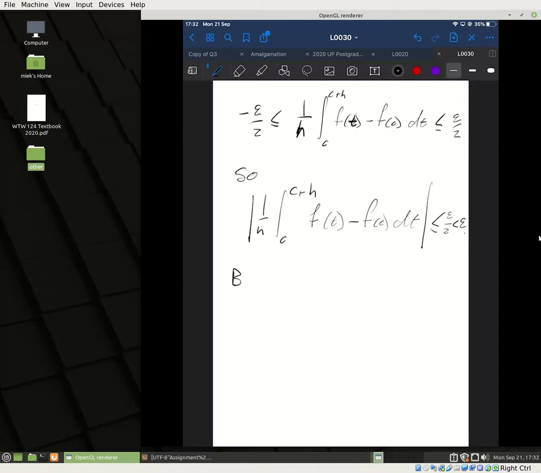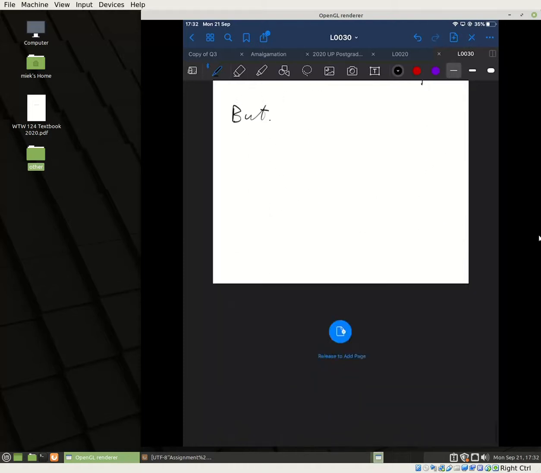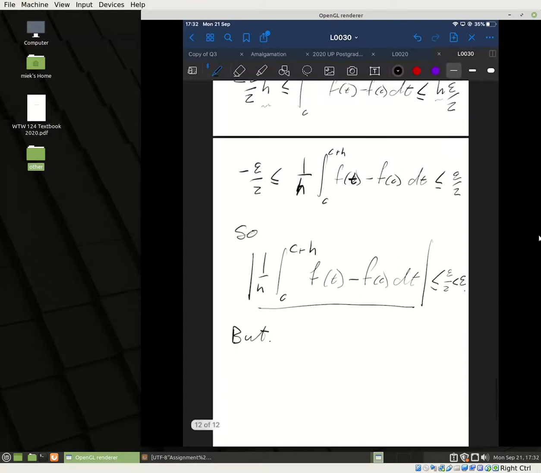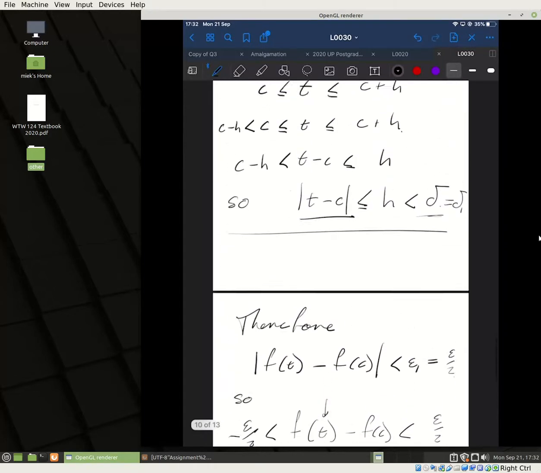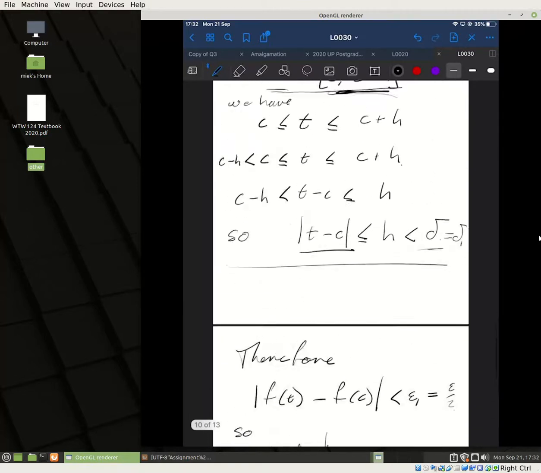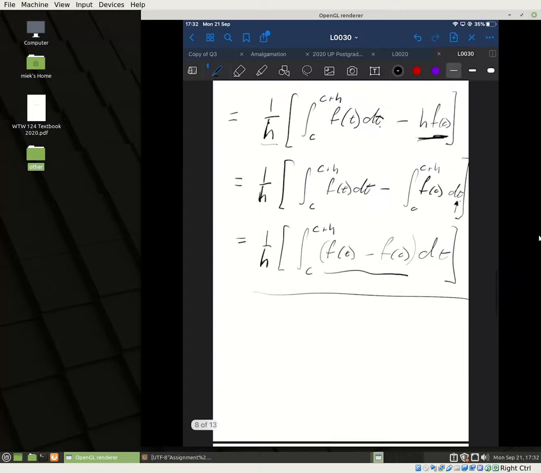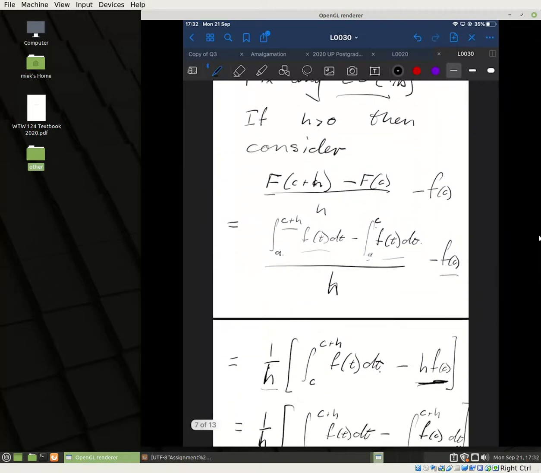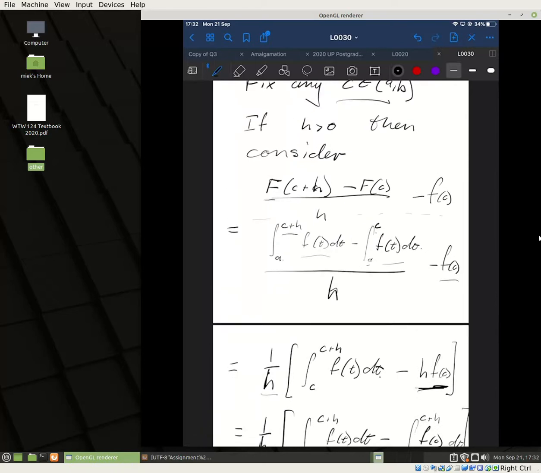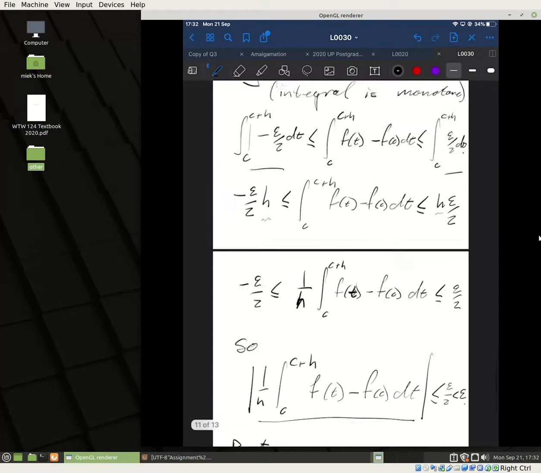But we have seen that this expression, where did we do that? Here. We saw this expression is exactly this expression that we are looking for.